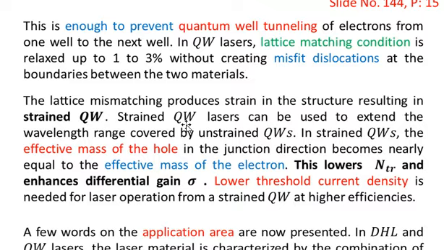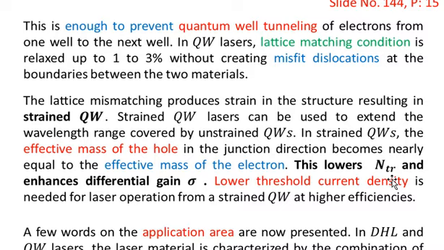Strained quantum wells have also been explained in previous slides, maybe slide number 68 to 72. Strained quantum well lasers can be used to extend the wavelength range covered by unstrained quantum wells. In strained quantum wells, the effective mass of the hole in the junction direction becomes nearly equal to the effective mass of the electron.